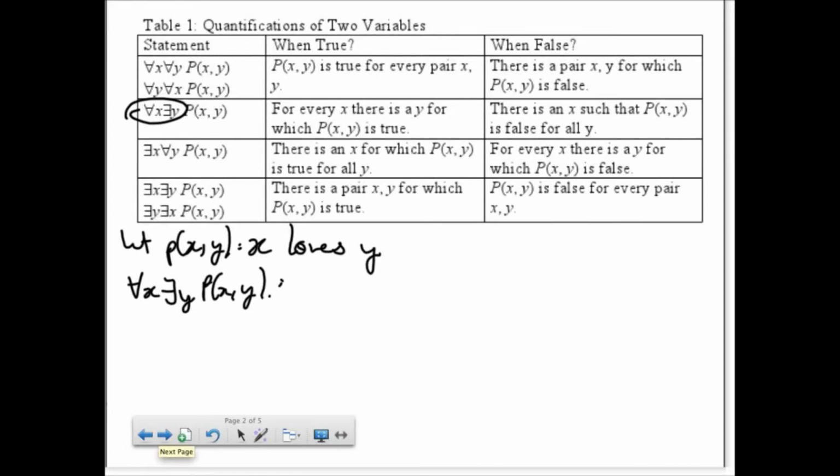What this statement says is that for every person x, there exists a person y who loves him or her. So for every x, there is a y that loves them.